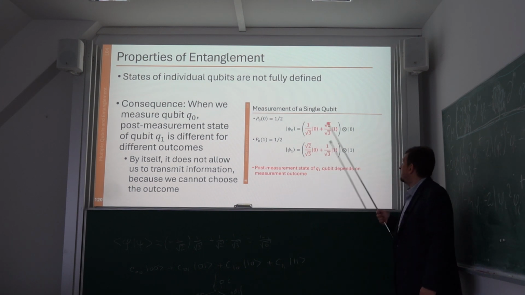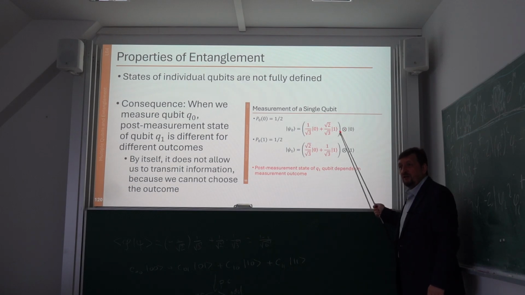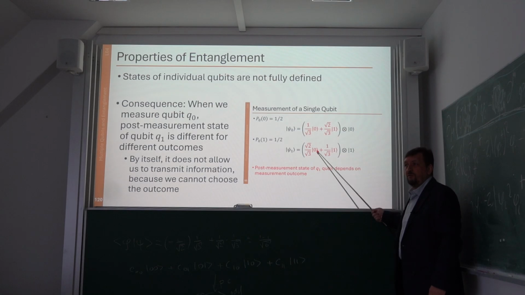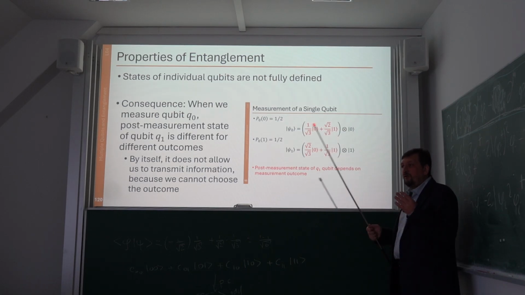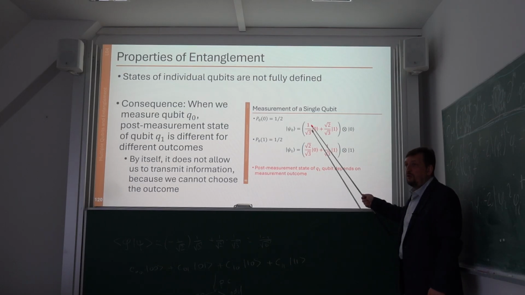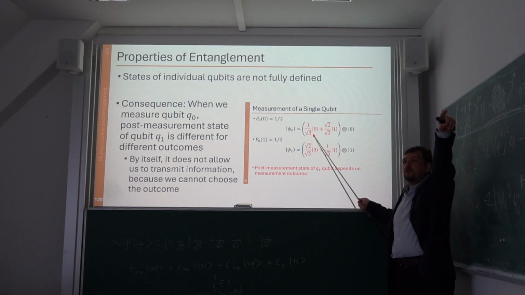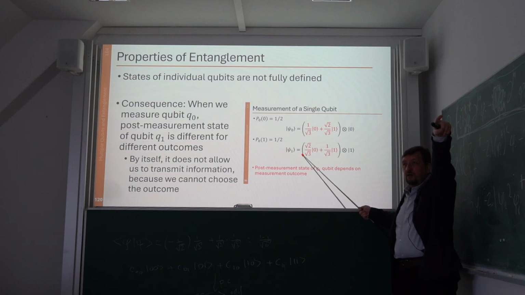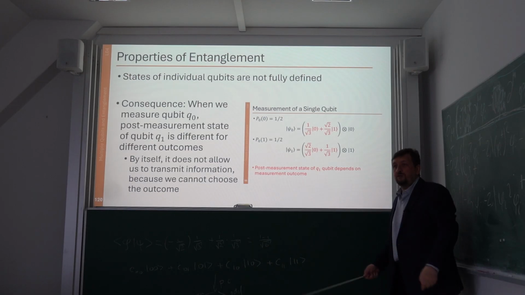When we perform measurements, we get random results, here or there. We cannot choose which outcome we will get. At the very moment we perform the measurement, we know what the outcome will be at the other side of the galaxy. Yes, we can predict that, but we cannot use it to transfer information.